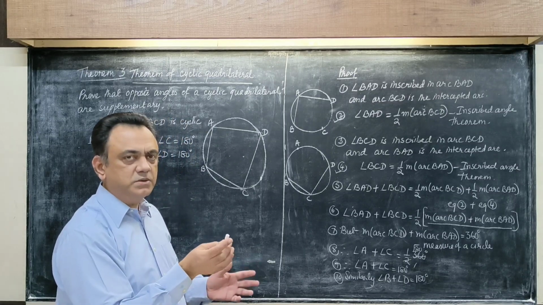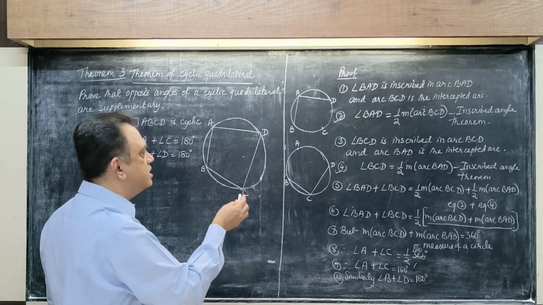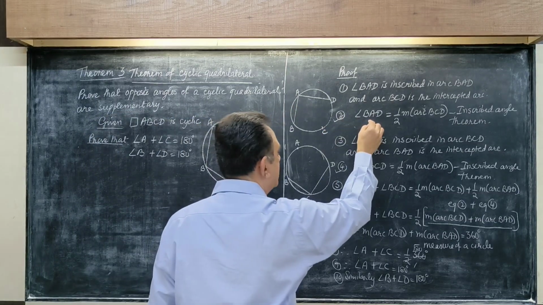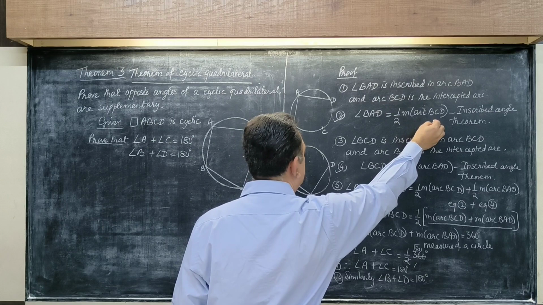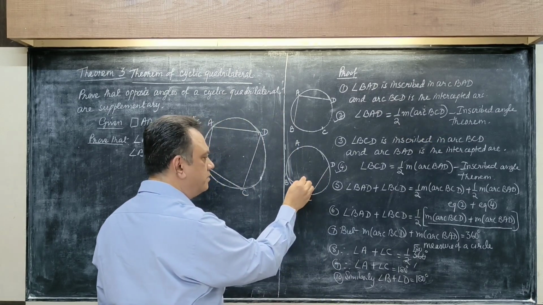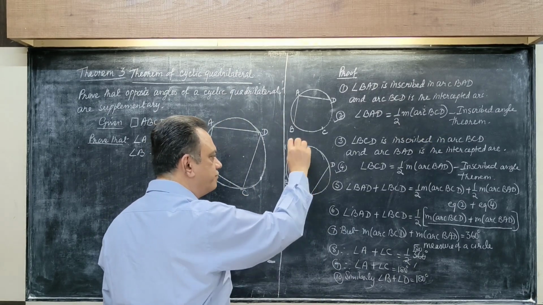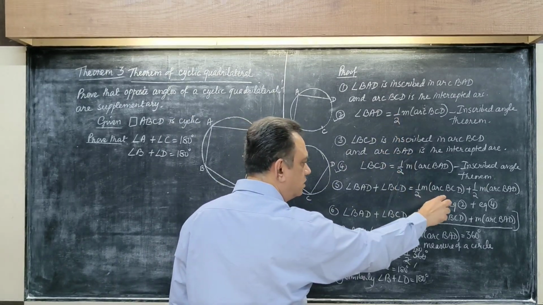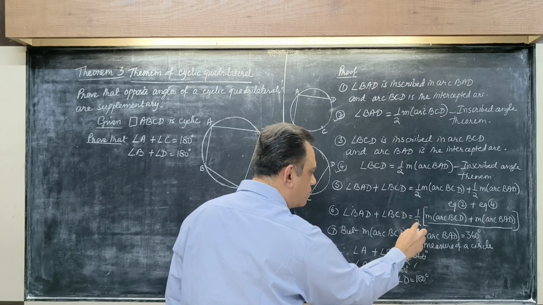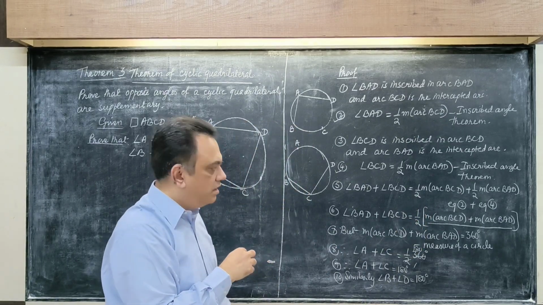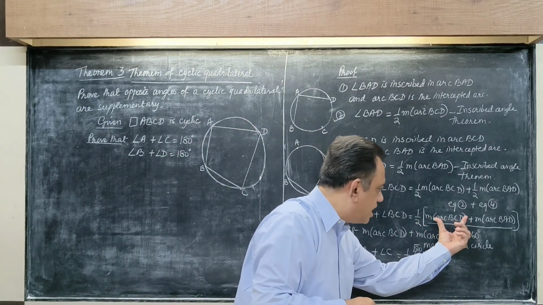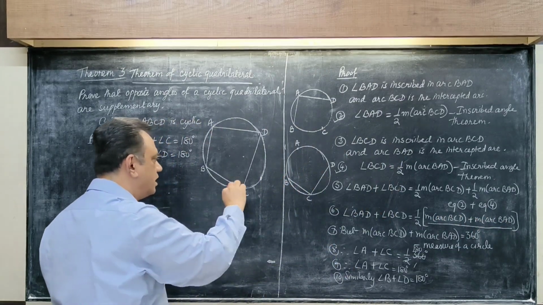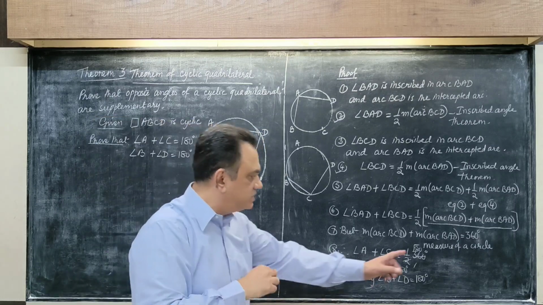So that's very simple. We have just made use of the inscribed angle theorem. Angle BAD is half of measure arc BCD, by the inscribed angle theorem. Angle BCD is half of measure arc BAD. Then I added the two. In this step, I just took out half common. Next step, measure arc BCD plus measure arc BAD makes a complete circle of 360 degrees.